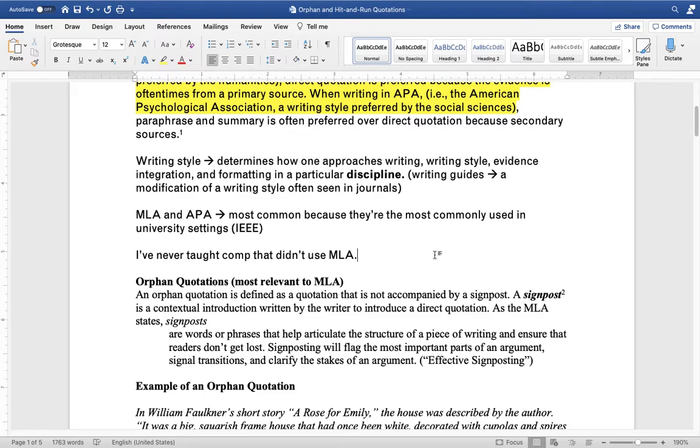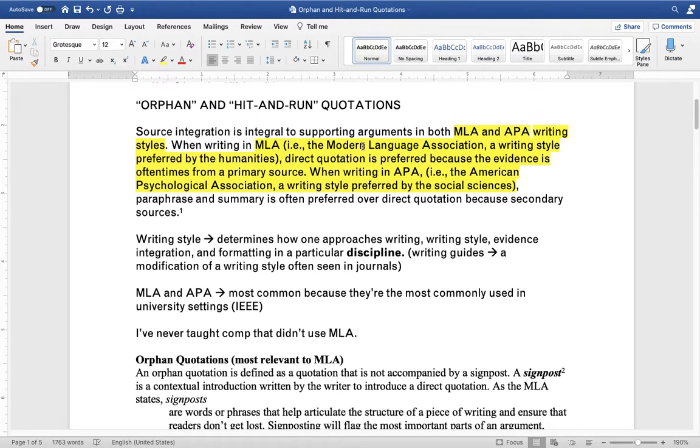So for me, it's very unusual that when I first came to Embry-Riddle, I saw that English 106 and English 123 were using APA. That's very unusual because writing is a humanities-based course.